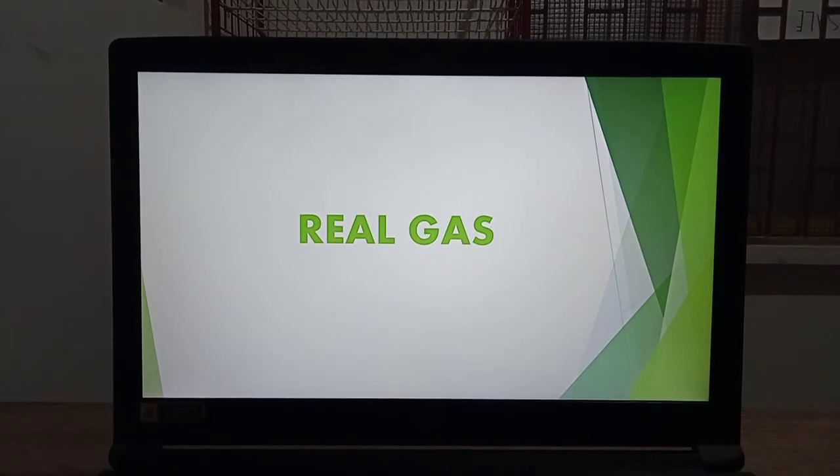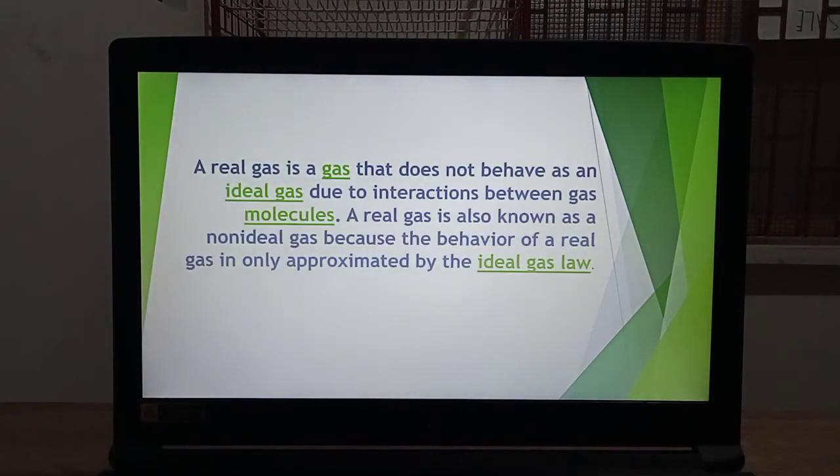My topic is about real gas. So, what is real gas? Real gas is a gas that does not behave as an ideal gas due to interactions between gas molecules.